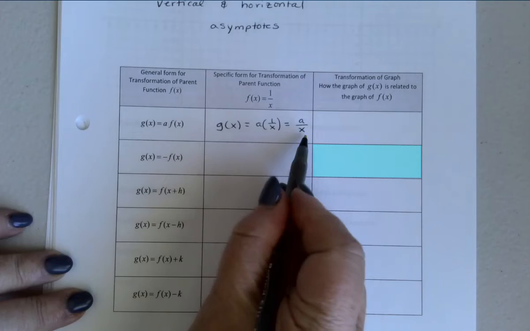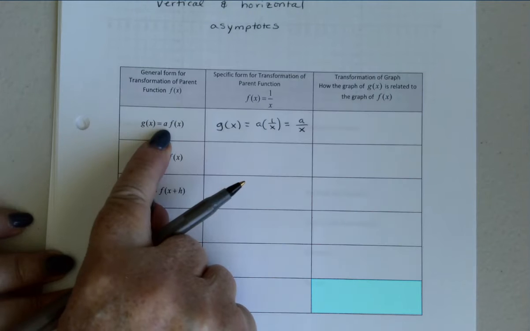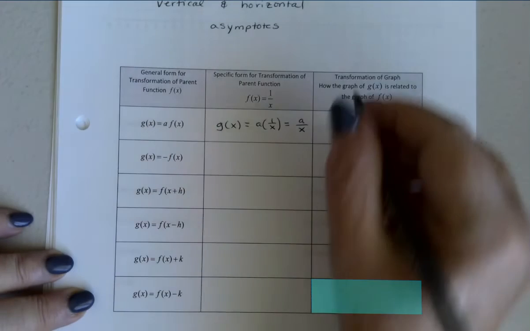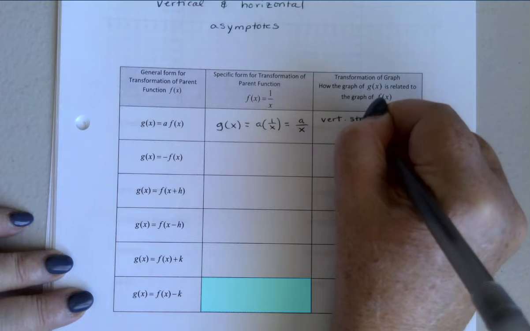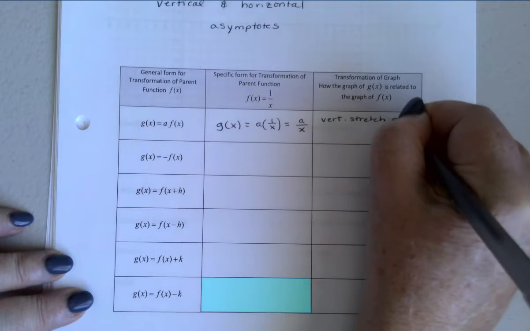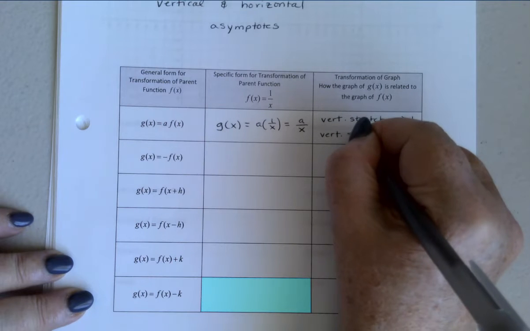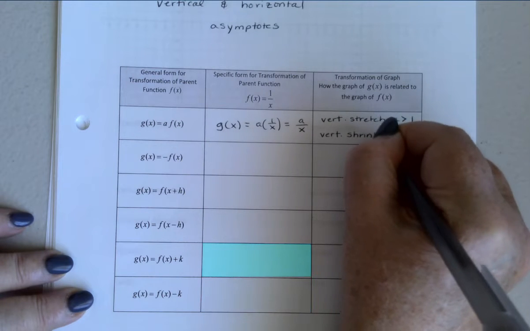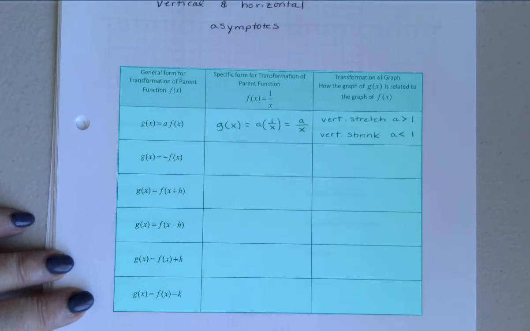Either of those formats means the same thing. And of course, we already know that that's a vertical stretch if the a value is bigger than 1, and it's a vertical shrink or compression if the a value is smaller than 1. And I am assuming that a is positive here. We talk about what happens with a negative in the next line.